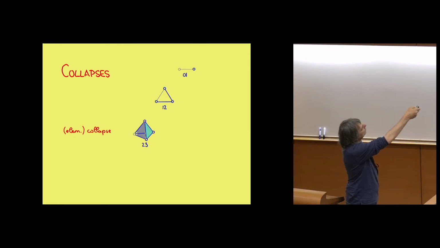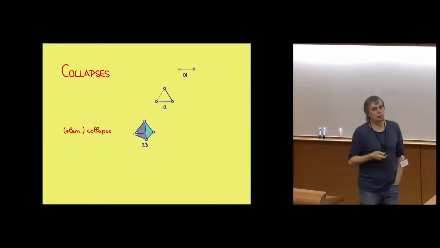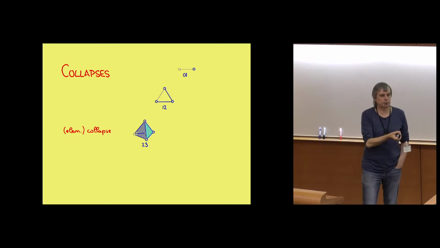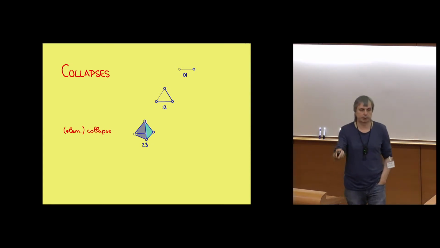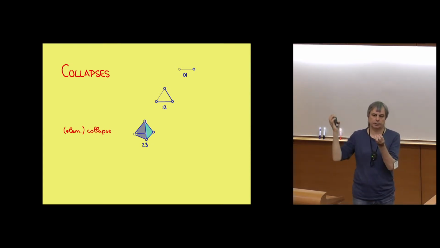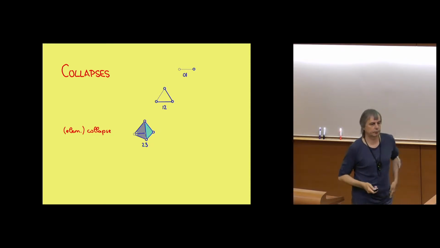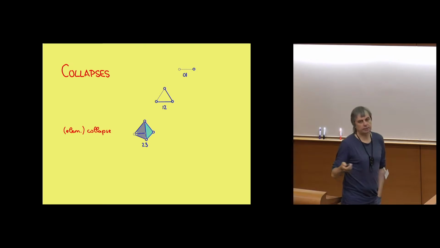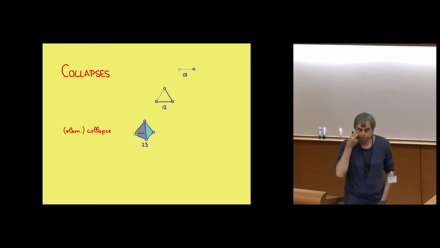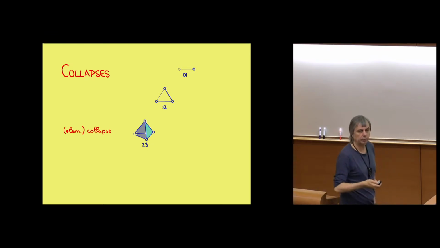One vertex is not connected to anything else, so I could just remove this vertex and the edge and leave the remainder. I call this a 0-1 collapse because a 0-dimensional simplex and a 1-dimensional simplex disappear. You can imagine sucking this vertex into the other vertex. So you see this deformation retraction happening. In fact, every collapse can create a deformation retraction that proves homotopy equivalence. So collapses do not change homotopy type.